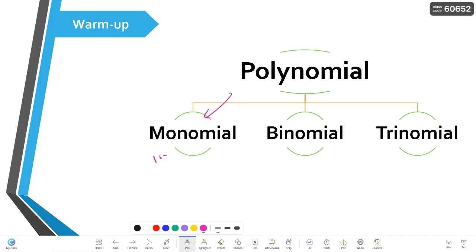Here we have two terms, and here we have three terms. Generally, any polynomial could be one of these or something higher than three terms. But any monomial is basically a polynomial, but the reverse is not right.